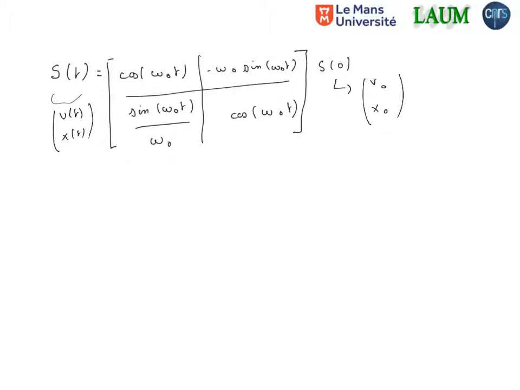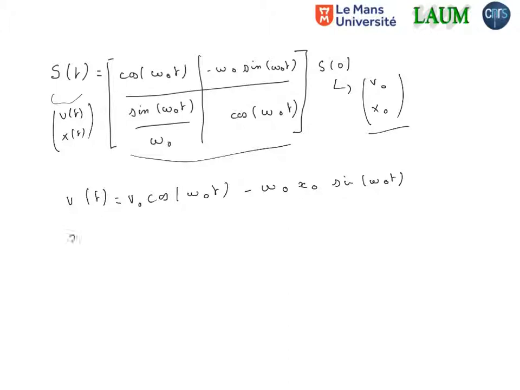And then when we make the product of this matrix by the vector of initial conditions, we find that v of t is equal to cosine of omega 0 t multiplied by v0 minus omega 0 x0 multiplied by sine of omega 0 t, and x of t is equal to v0 over omega 0 sine of omega 0 t plus x0 cosine of omega 0 t.